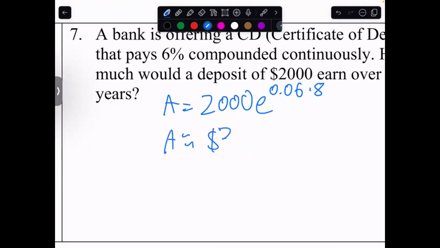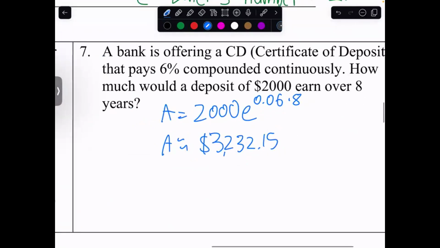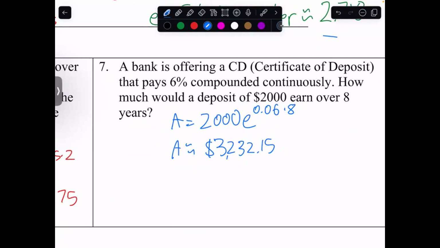Okay, so a lot of you stopped right here. So this is the total amount your account is worth now. But the question was, how much does it earn? Exactly.